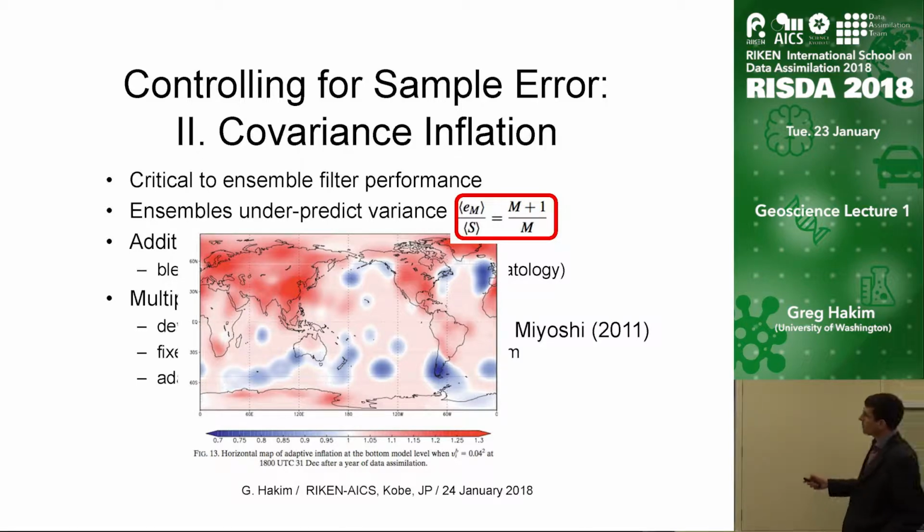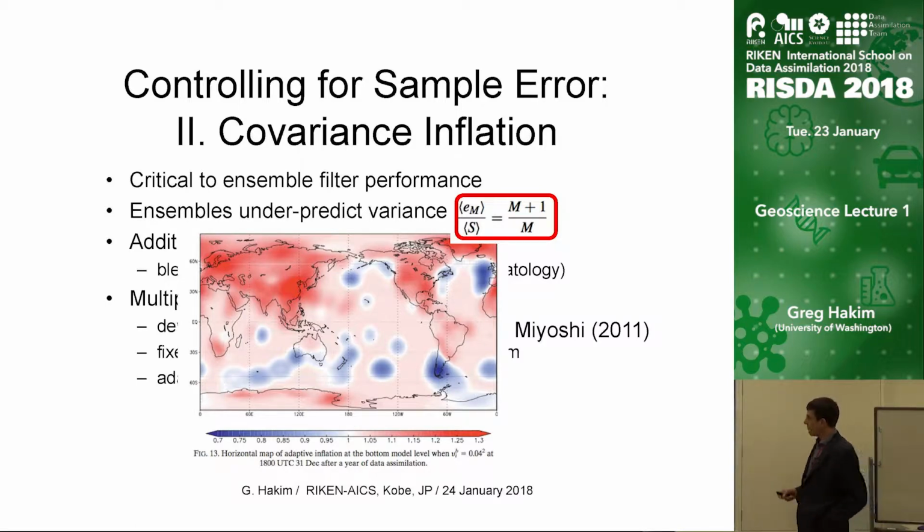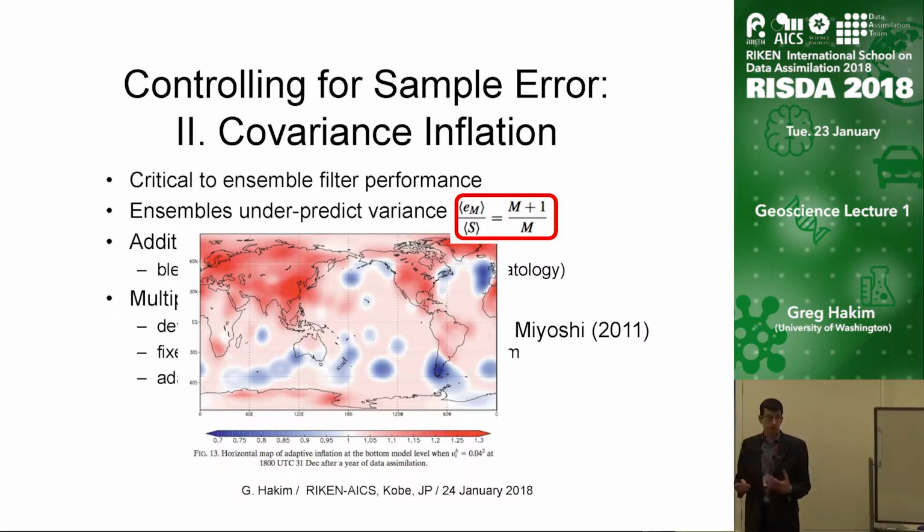So we can correct this situation in several ways. One is by blending the dynamic forecast covariance with another source, such as from climatology, or we essentially dress the covariance with something that stabilizes this. And the other one is to use multiplicative inflation. So we remove the mean, and we multiply the ensemble perturbations by some factor to make them larger.